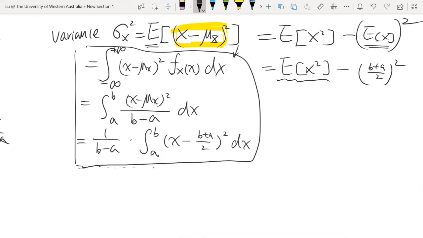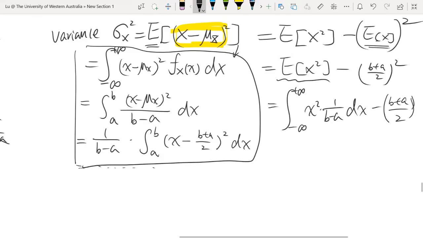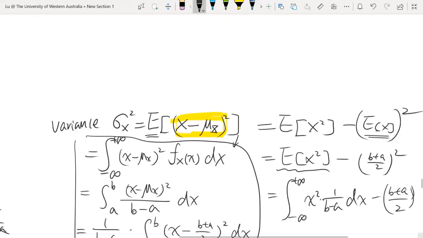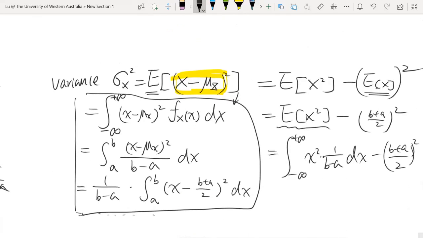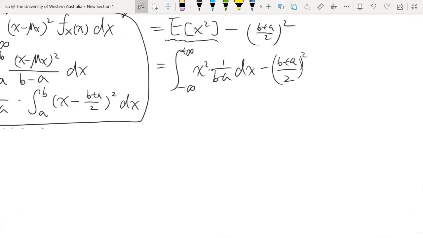Regarding this term here, it is equal to the integration from negative infinity to positive infinity of x squared times the PDF of this random variable, which is 1 over (b minus a), dx, minus (half of (b plus a)) squared. And again, simplify it.